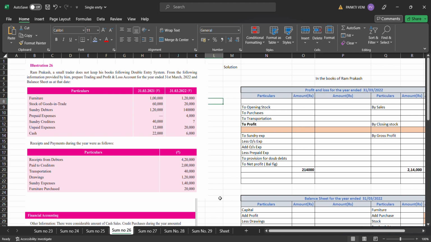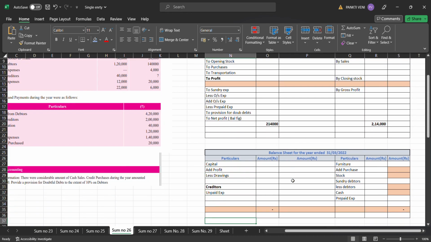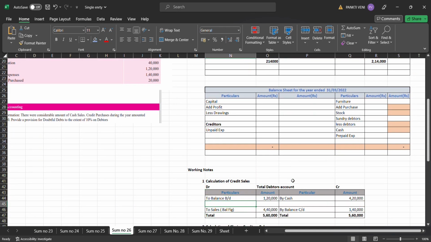Based on this table, I'm supposed to prepare the opening statement of affairs. So I have opening capital.